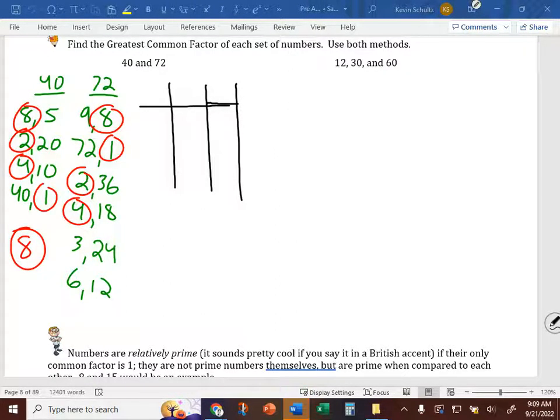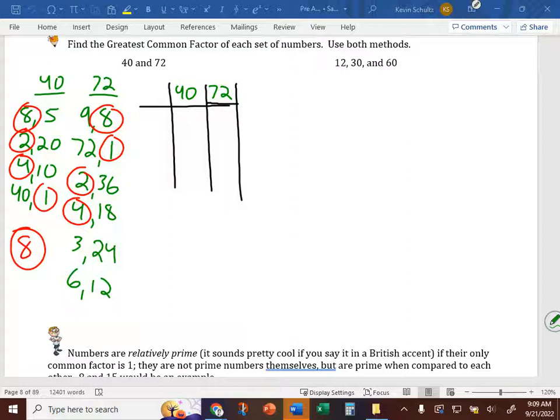Okay? What we're going to do is put our 40 and our 72 in these top boxes here, the middle box and the right box. And all we have to ask ourselves is, what's the number that goes into both of them? It doesn't have to be the biggest. Just what goes into both 40 and 72? Okay, let's not start with 8. I'm going to show you how this works.